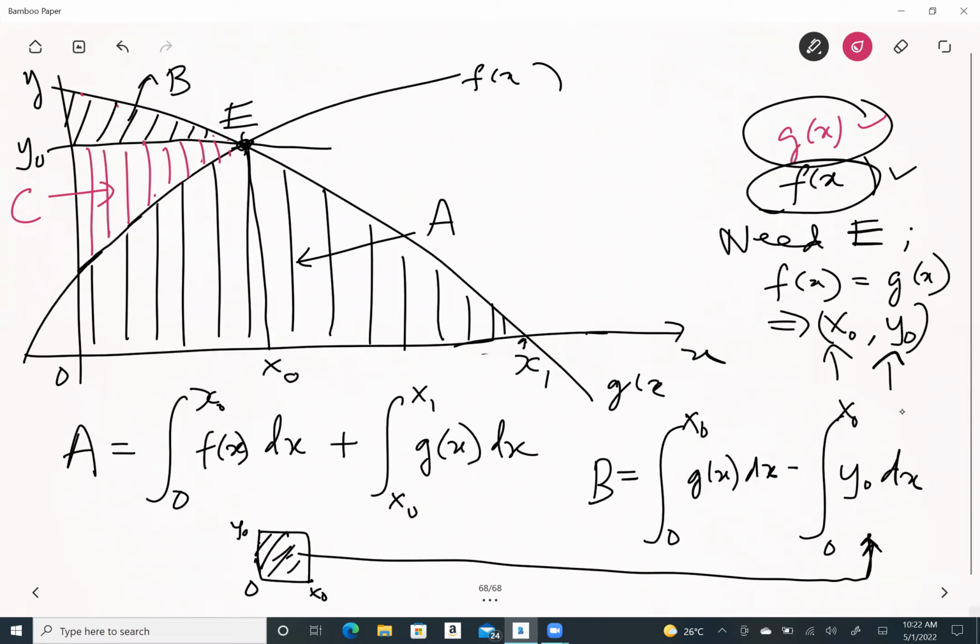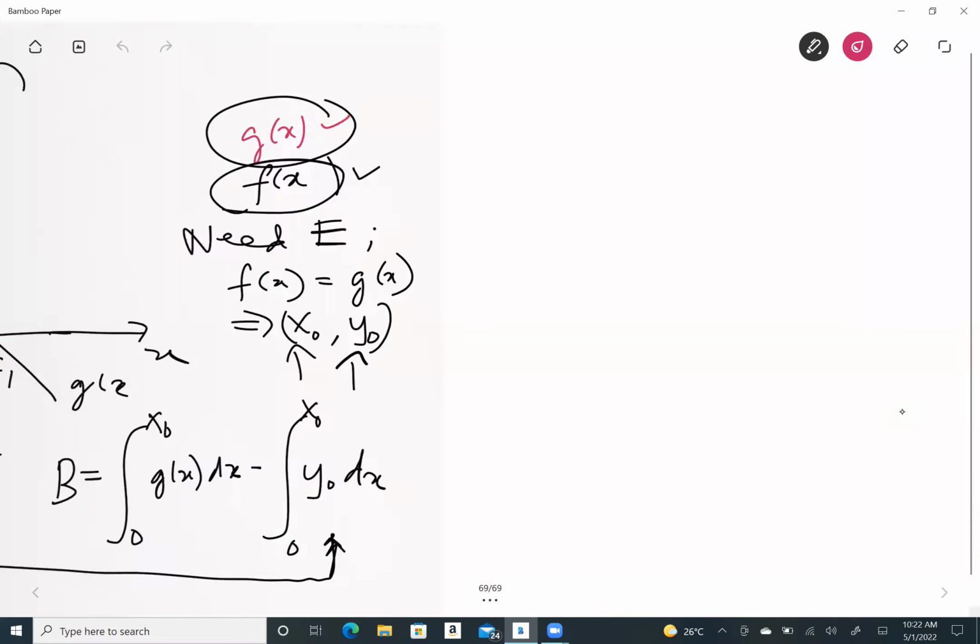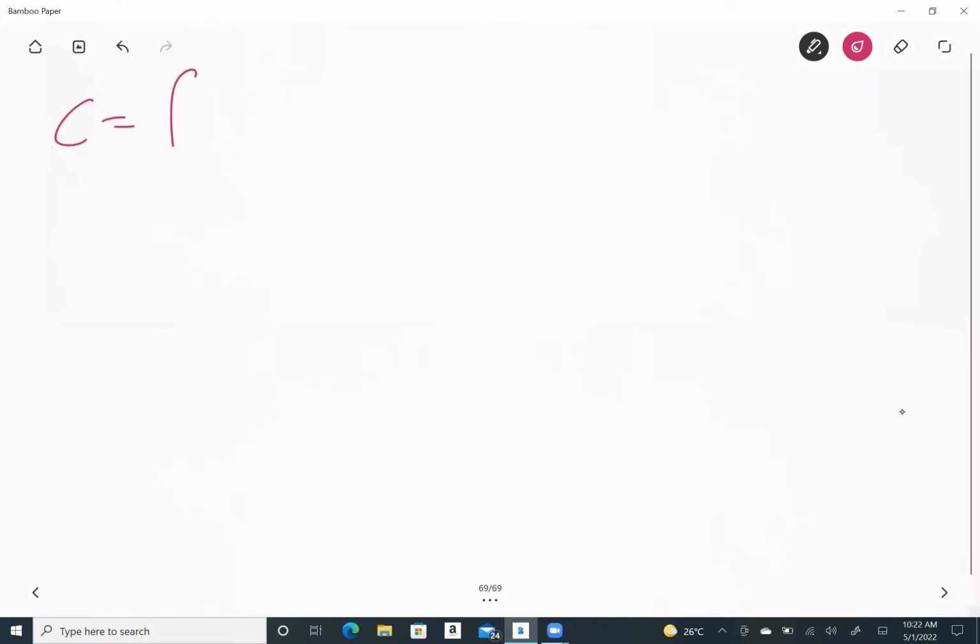So area C is the area under y0 from 0 to x0. That is the rectangle. But you have to take out the area from 0 to x0 of f. So that is area C. Okay? Okay, good.